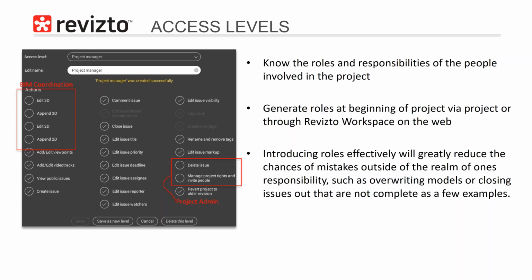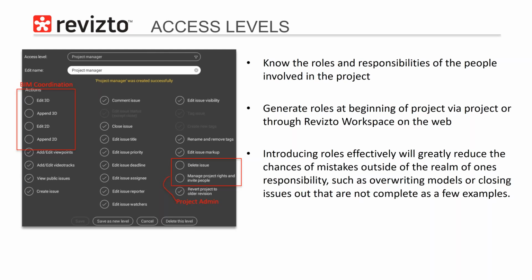One of the things Revizto really looks at when talking about these types of issues is assigning access levels to each individual topic that someone can be involved in. So the example I give here is a project manager. Project managers are absolutely essential to these projects, both in the design phase as far as engineering project managers go and construction managers. And one of the things that we want to make sure is that they have access to every piece of information that they need.